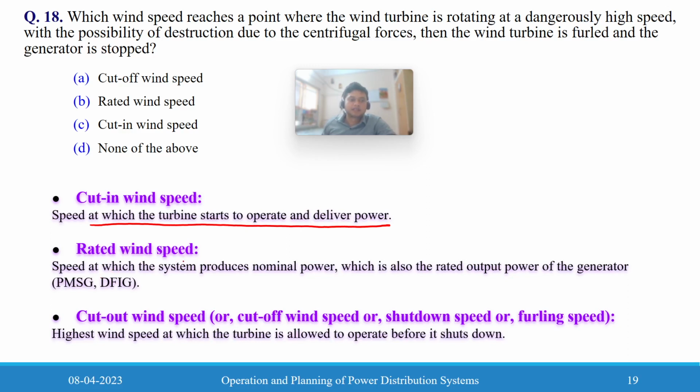And the rated wind speed is the speed at which the system produces nominal power, which is also called the rated output power of the generator. Generally we use the permanent magnet synchronous generator and the doubly fed induction generator in this wind energy conversion system. These are widely used generators for integrating wind energy.